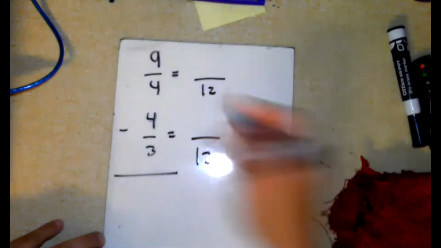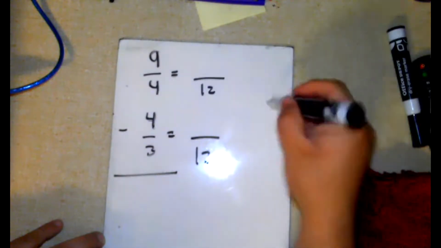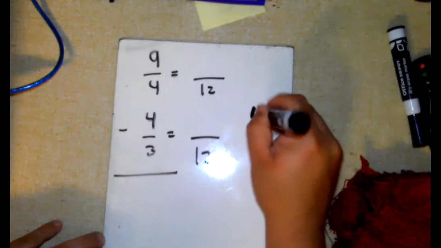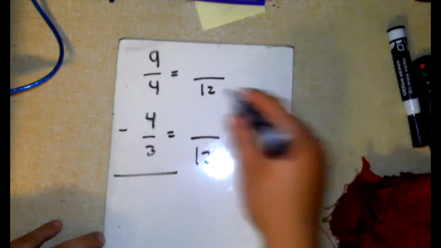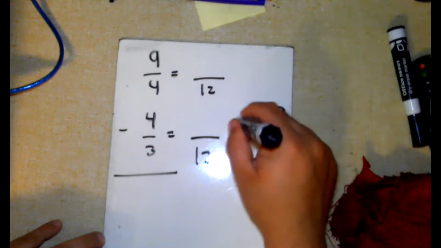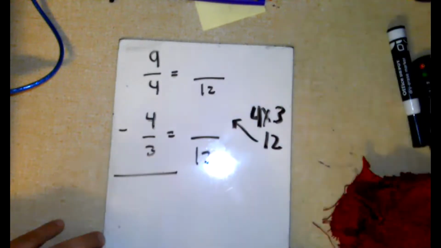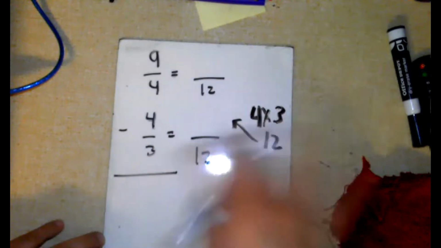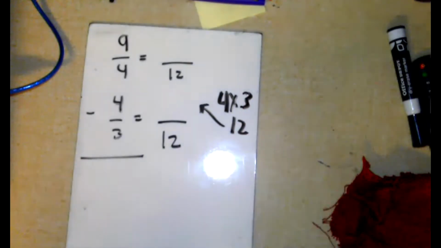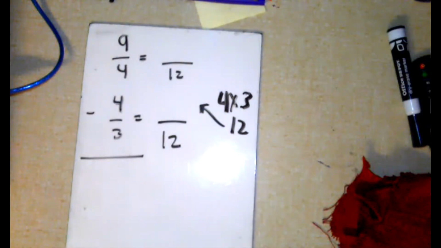Why 12? Because we look at our two denominators, you just multiply them. 4 times 3. And that's how you get 12. Okay. That's the simplest, easiest way to find a common denominator. But if it's a large number, then you probably want to look for a smaller denominator. That's when you look at all your factors.